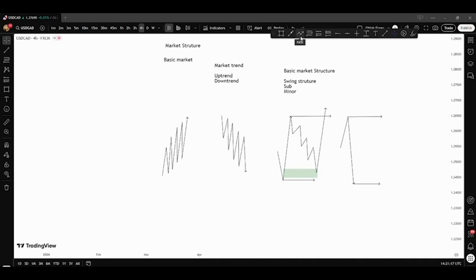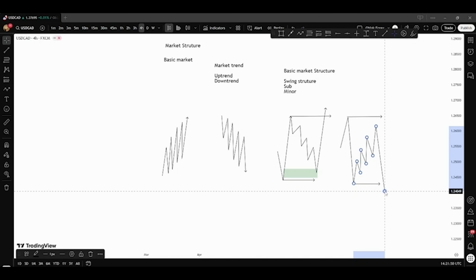So let me do the same substructure and minor structure on the sell. So when you have your swing like this, giving you the high the market needs to respect and the low the market needs to take out, you get to have a reversal that comes like this, coming down to your point of interest, which is always close to the zone, before you see a massive push going to the downside to take out the low for the downtrend to continue, the market to continue selling, right?